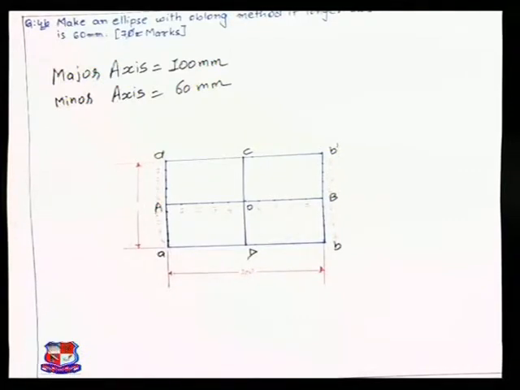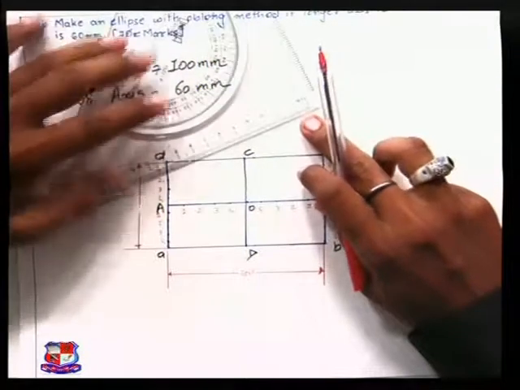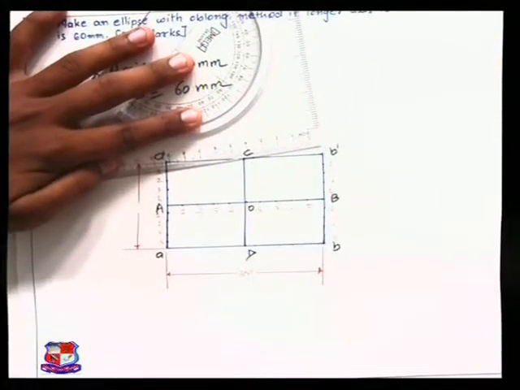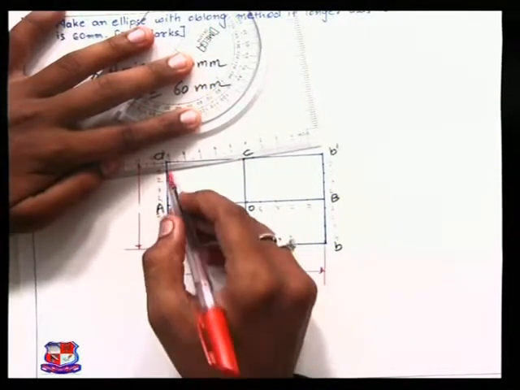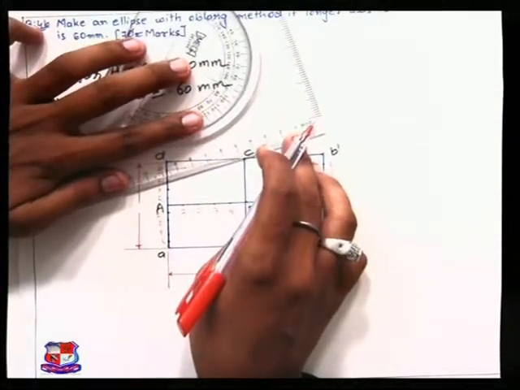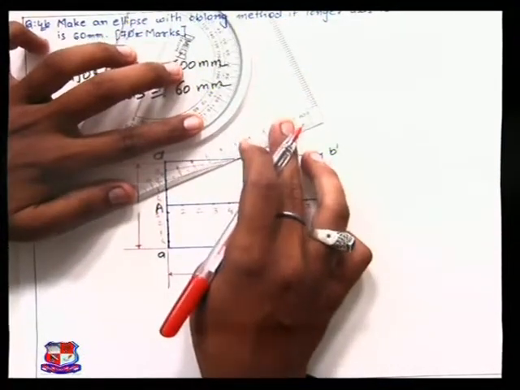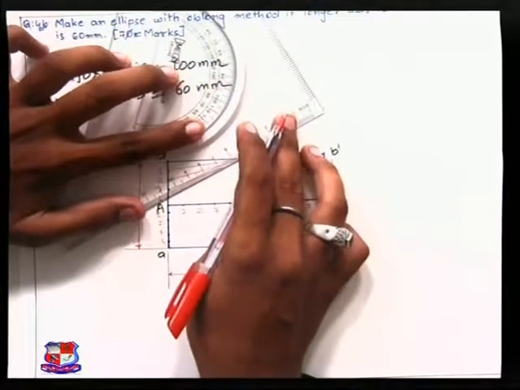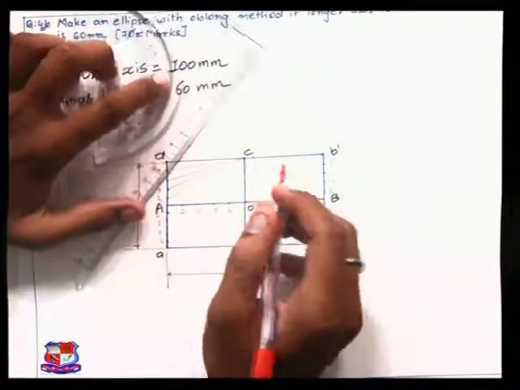Now take point C as center, and from C join the line to 1, C1. Join C2, C3 and C4 respectively.